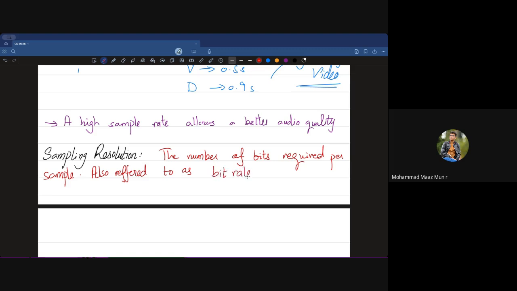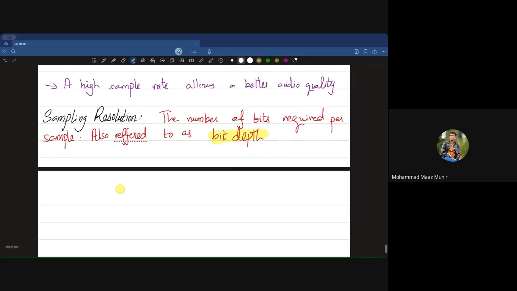If in the exam they ask you to define bit depth for a sound, it's basically the number of bits required per sample. Bitrate will come later; this is going to be bit depth.